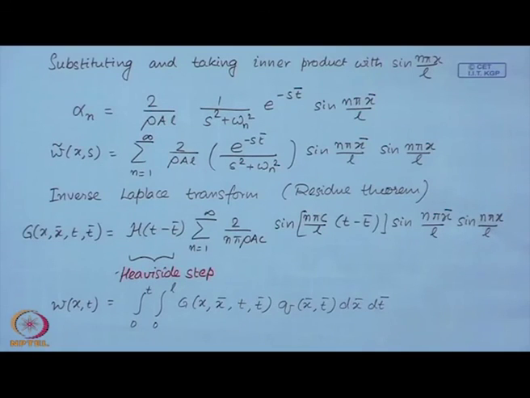So, we know how to use the Green's function method. Here we have used the modal expansion technique to solve the boundary value problem. In a previous lecture we have seen how the Green's function was solved in a different method. So, this approach gives us a very powerful method of solving forced vibration problems of continuous systems.